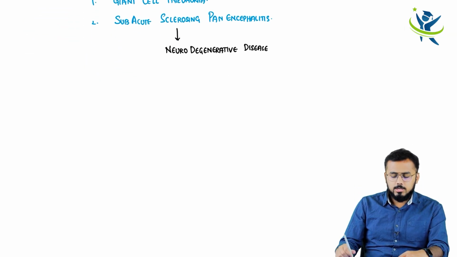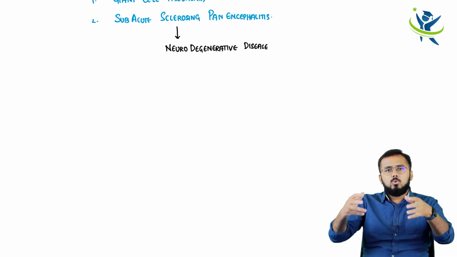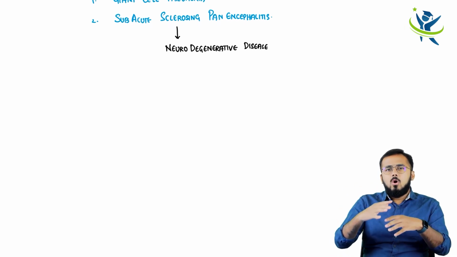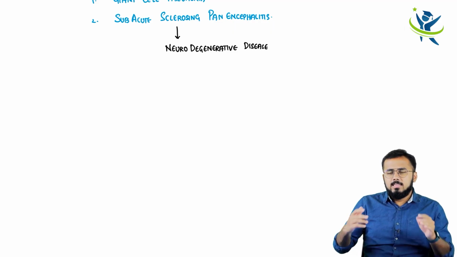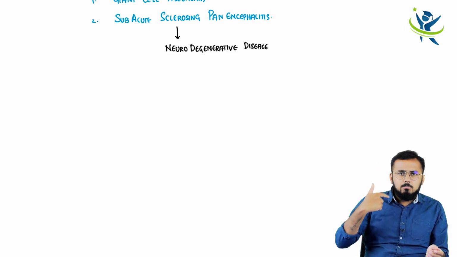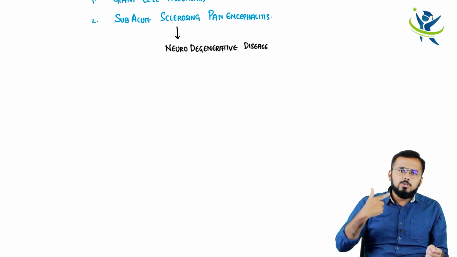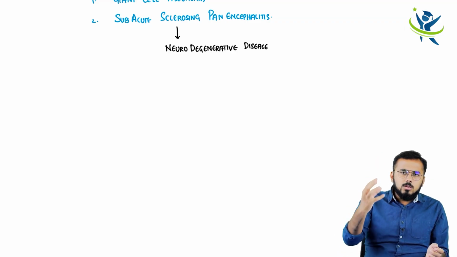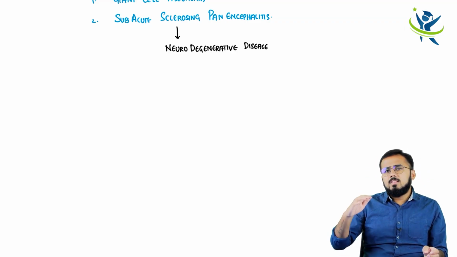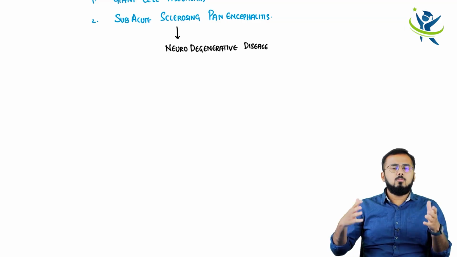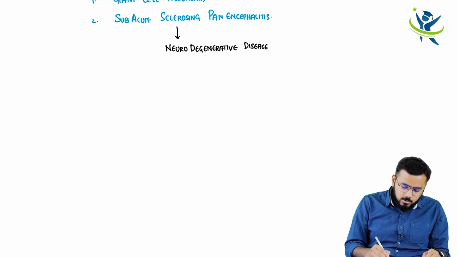What do you mean by neurodegenerative disease? It means that all the neurons are degenerating. There are neurons from the brain which come down to your muscles. These are called motor neurons. So when the motor neurons are degenerating, will the patient have normal motor function or motor dysfunction? Obviously, because of this neurodegeneration, the patient will have motor dysfunction.